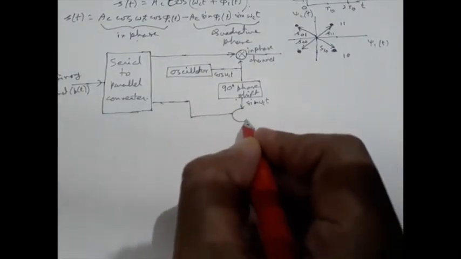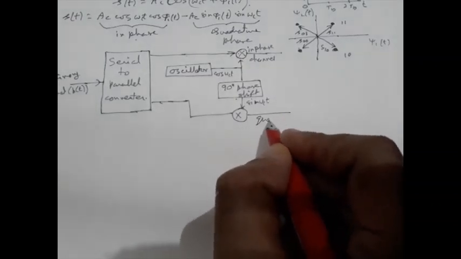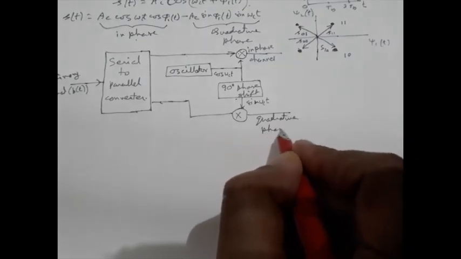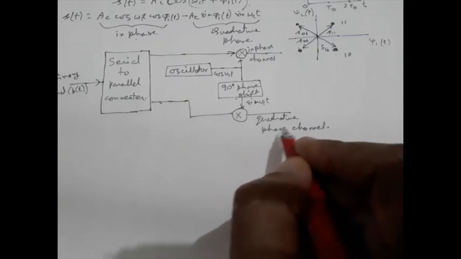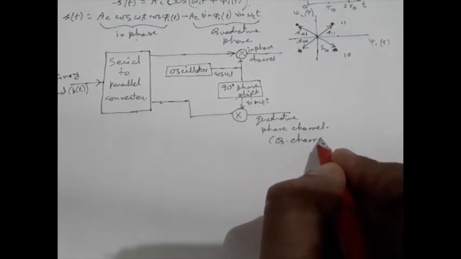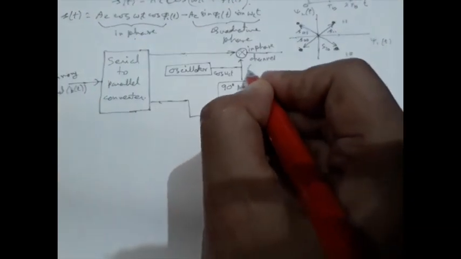Now we have another product modulator, and that will give us the quadrature phase channel. In short form it is called Q channel. And this one is called I channel.